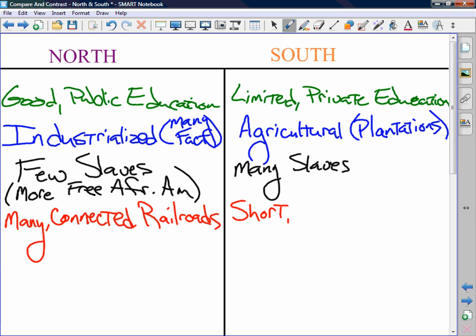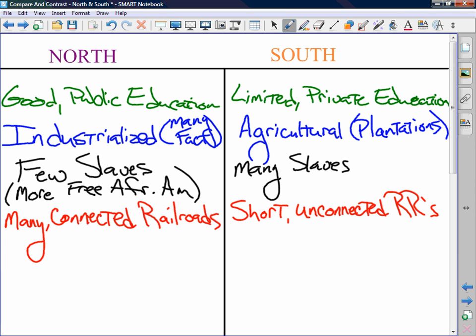So, okay, good. They were short and unconnected. In other words, they might be local around a city, but that city might not connect to the next city. Or it might connect two cities, but nothing beyond that. Good.